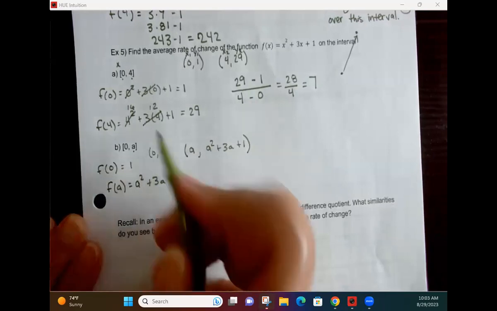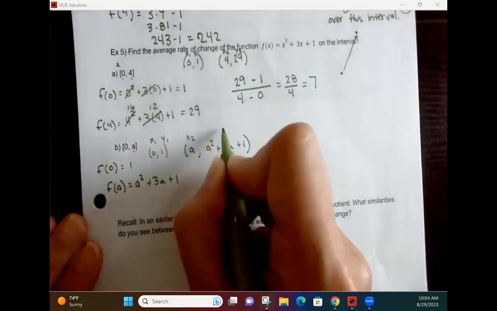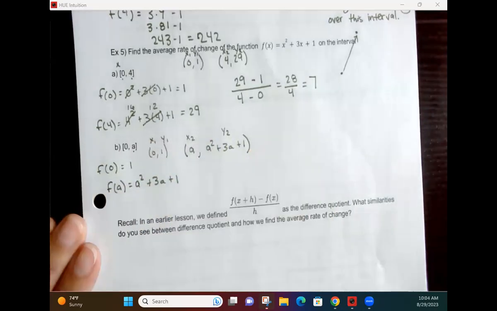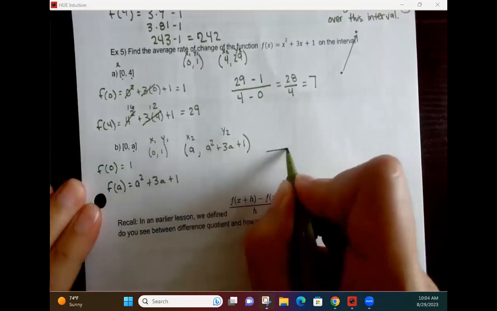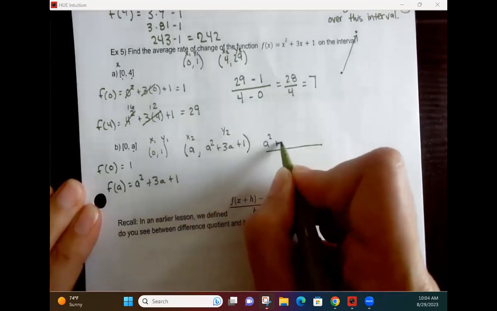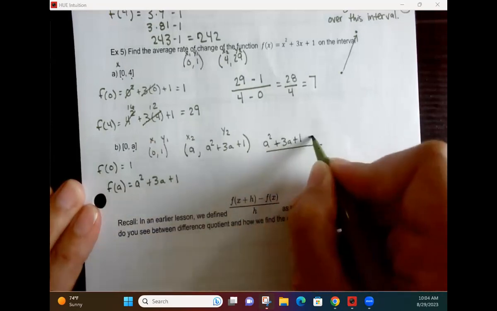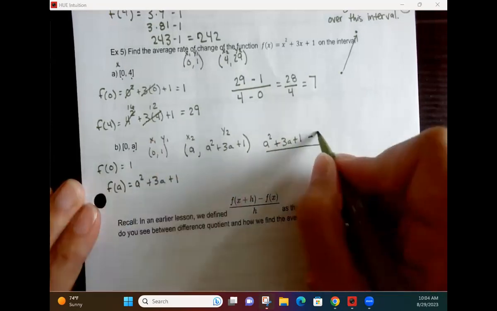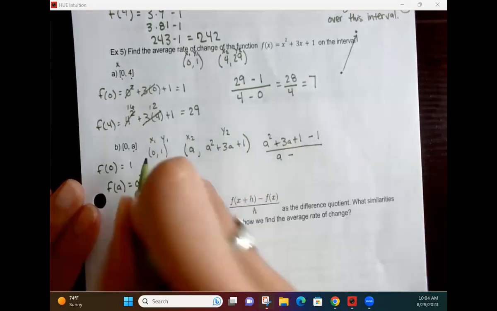And then I'm going to treat these just like x1, y1, x2, y2. And I'm going to find that average rate of change. So I have y2, a squared plus 3a plus 1 minus y1 over x2 minus x1.